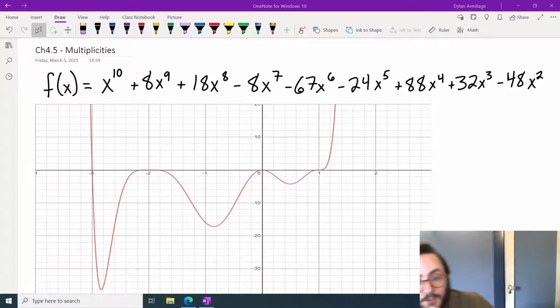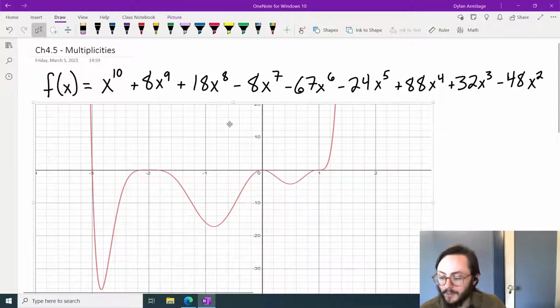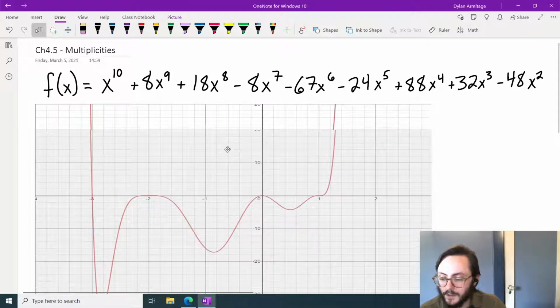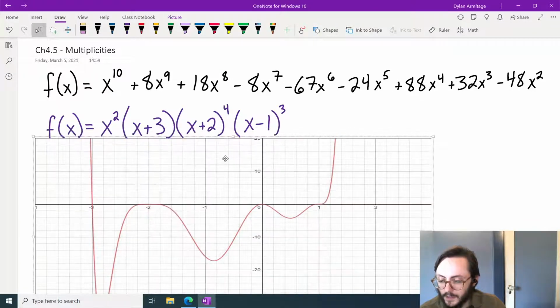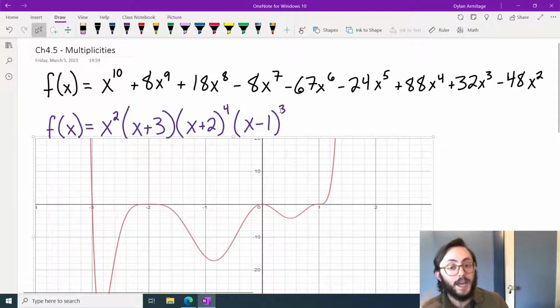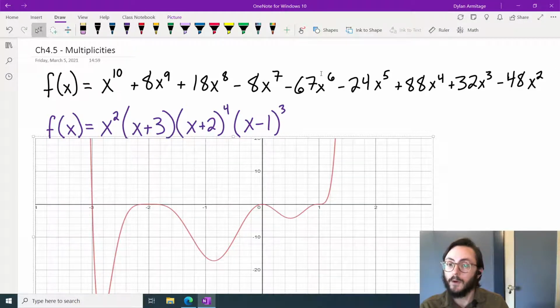Okay, so for those of us who stayed on, or if you're just returning, if we factor this, this is what we would get. f of x equals x squared, which was the greatest common factor, times x plus 3 times x plus 2 to the 4th power times x minus 1 to the 3rd power.